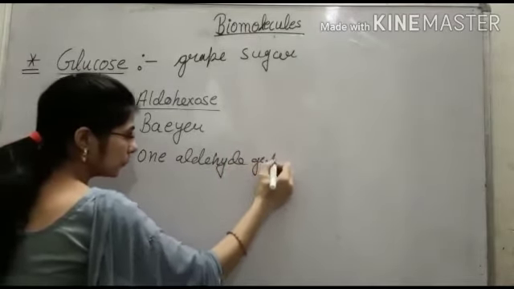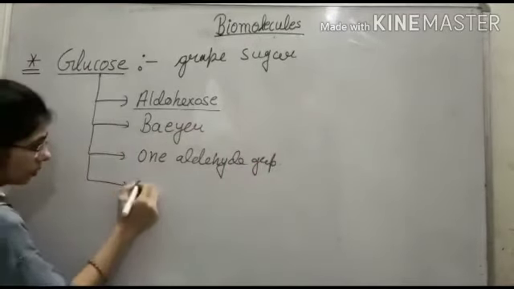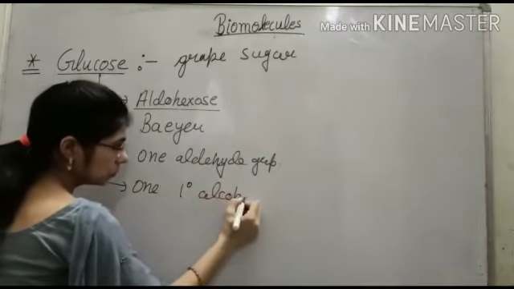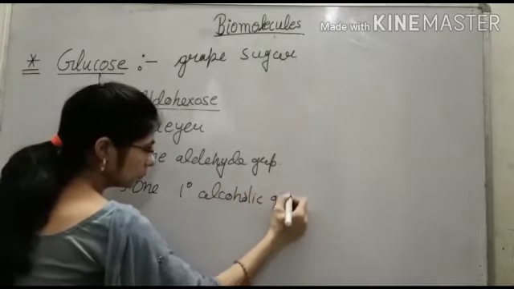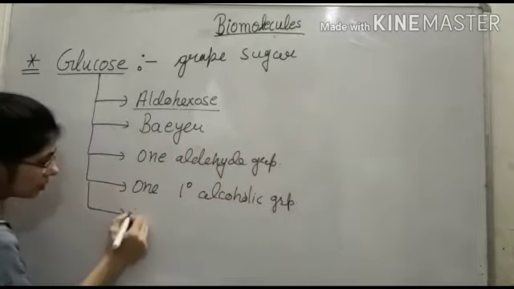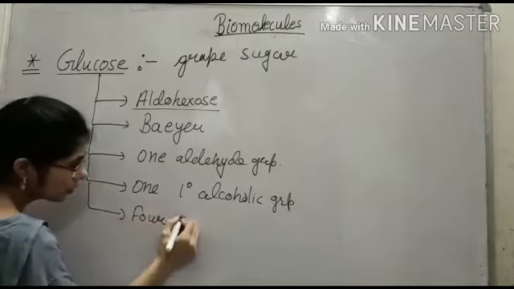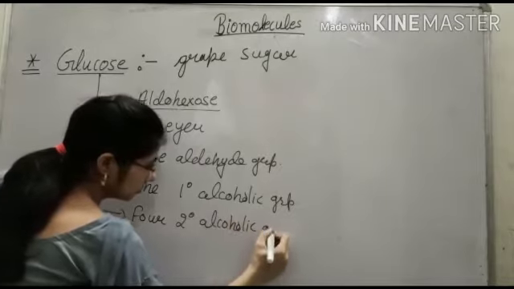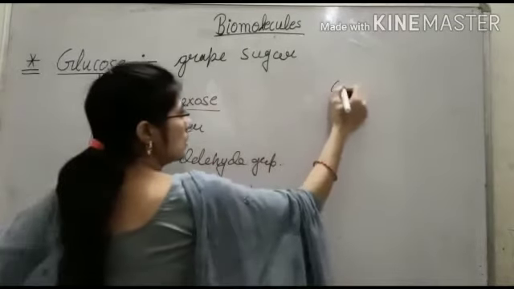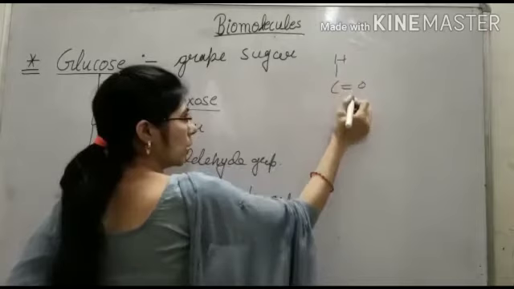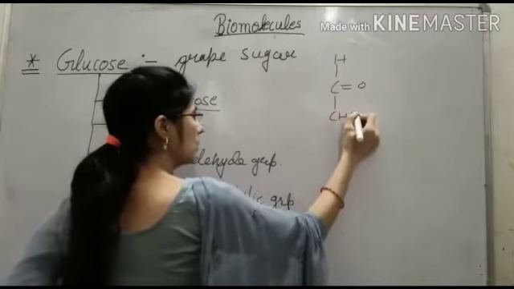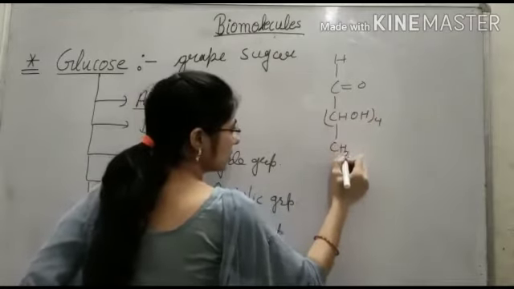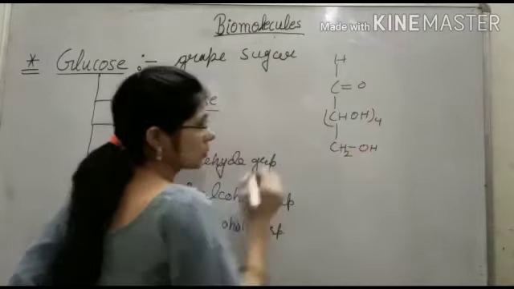one aldehyde group, one primary alcoholic group, and 4 secondary alcoholic groups. CHO, CHOH four times, and CH2OH.